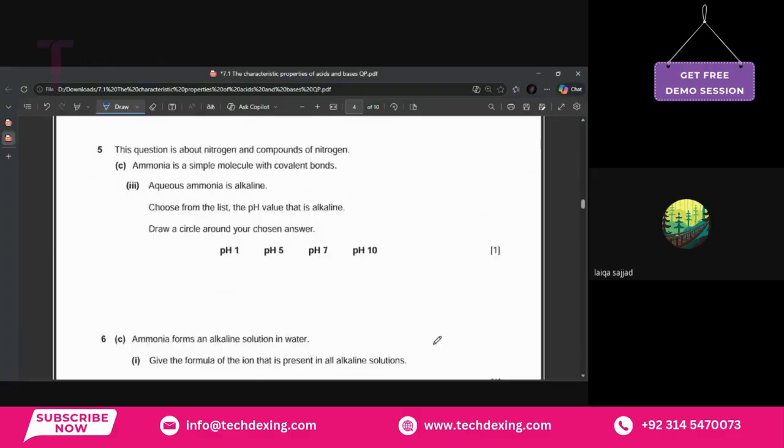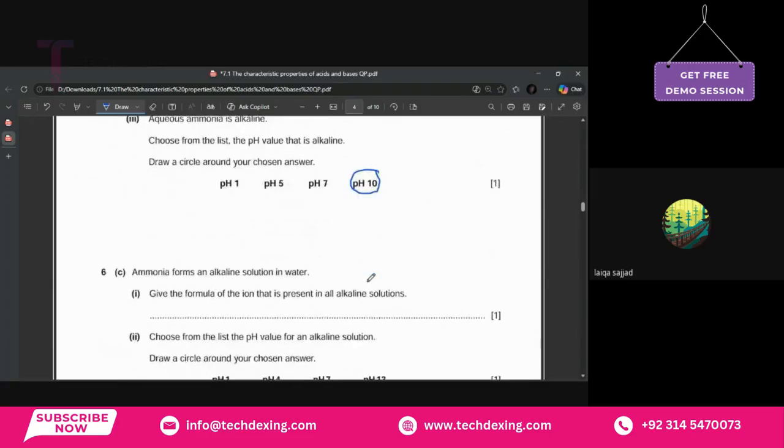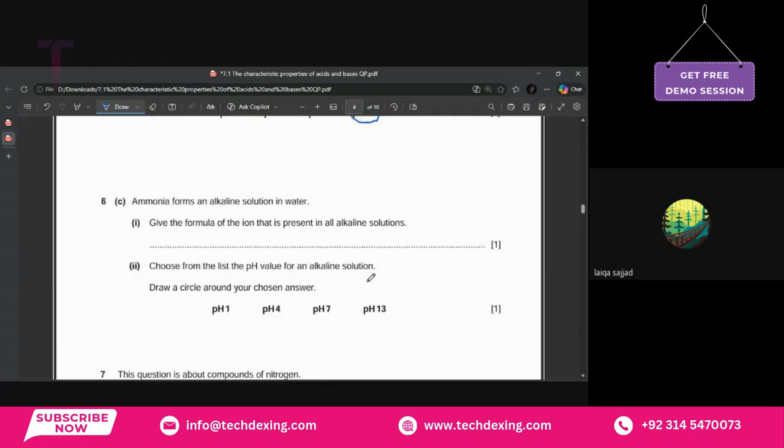Then the question is about nitrogen and compounds of nitrogen. Ammonia is a simple molecule with covalent bonds. Aqueous ammonia is alkaline. Choose from the list the pH value that is alkaline. Draw a circle around your chosen answer. pH 10. Very good. It's quite simple. Ammonia forms an alkaline solution in water. Give the formula of the ion that is present in all alkaline solutions.